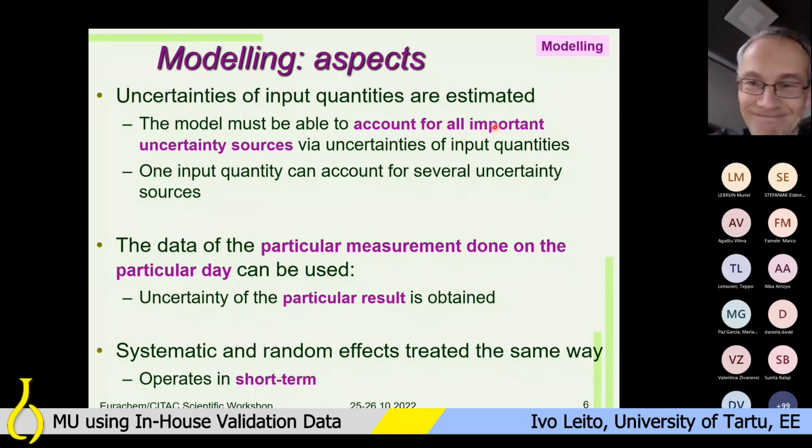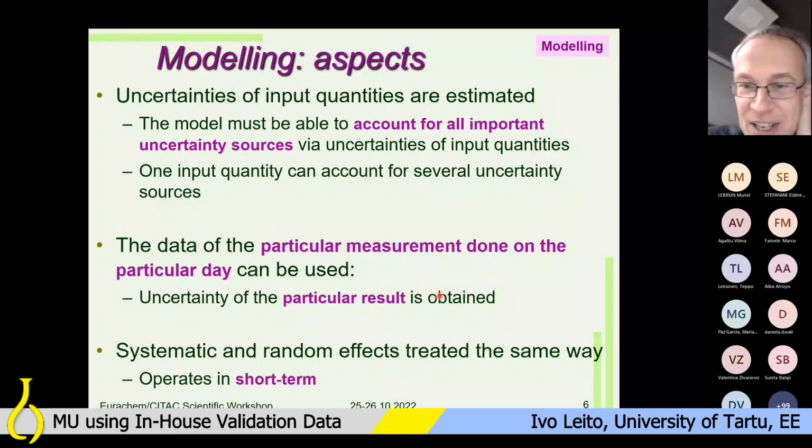So if there's some effect that does not influence any of the input quantities in the model, but has an effect on the measurement result, then the model actually is not okay for this particular case, which is a tricky thing. It's not always so easy to build the model in such a way that it really takes everything into account as needed.